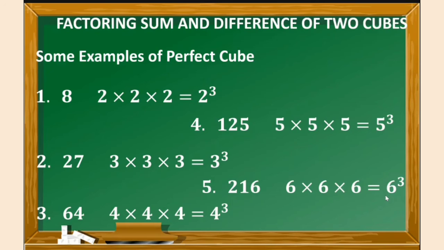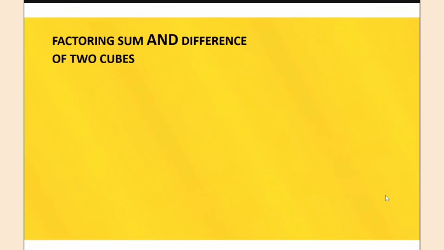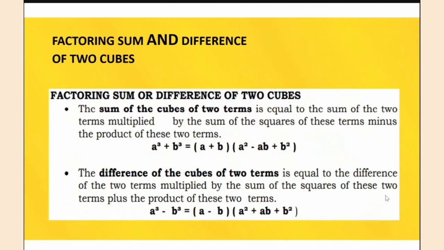For example, in factoring sum and difference of two cubes, ano mapapansin natin kanina? Factoring difference of two squares. Bakit hindi kasama si sum doon? Hindi kasama si sum sa factoring difference of two squares kasi kapag sum na po siya, magkaiba na po sila ng sagot.